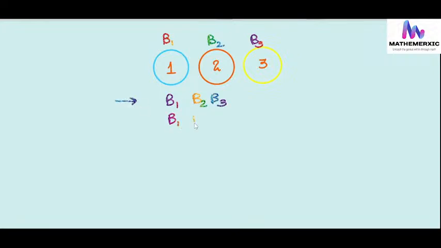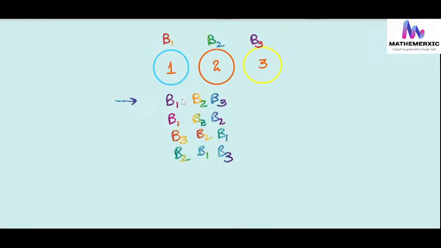Ball one as it is, and ball three, ball two we can write. Similarly, ball one, ball three, and ball two we will keep here. It is ball two, ball one, and ball three we are keeping here. So ball one has moved to the second place also, and the third place also. Ball two has moved to the first and the third place also, and similarly ball three has moved to the second and the first place. So these are the ways I can say.